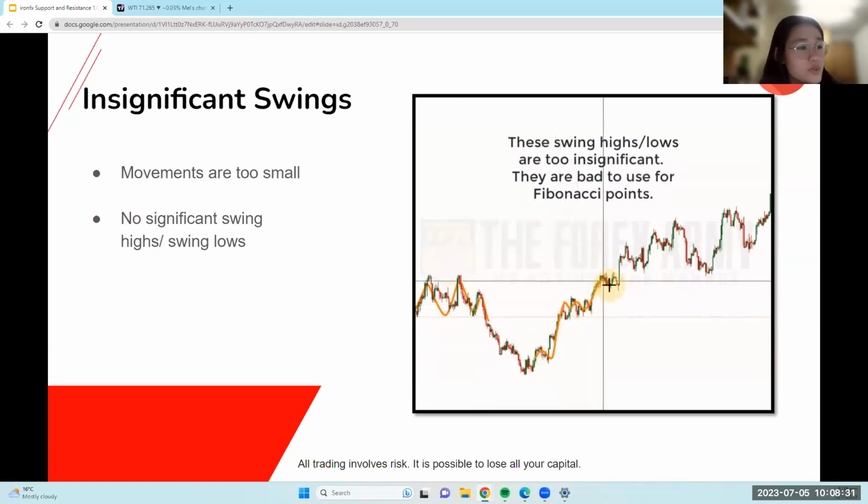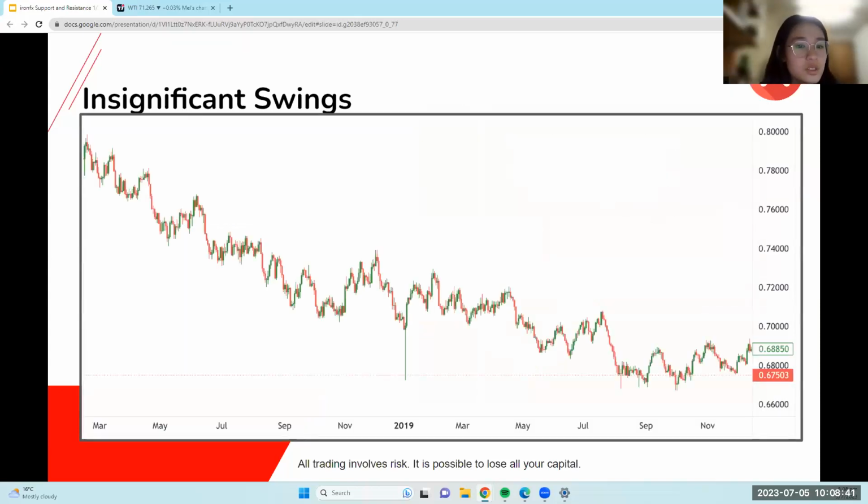The price movements in this GIF are way too small, and there are no significant swing highs or swing lows. Here's another incorrect example. There aren't really any clear swing highs or lows, and price movement is very small.